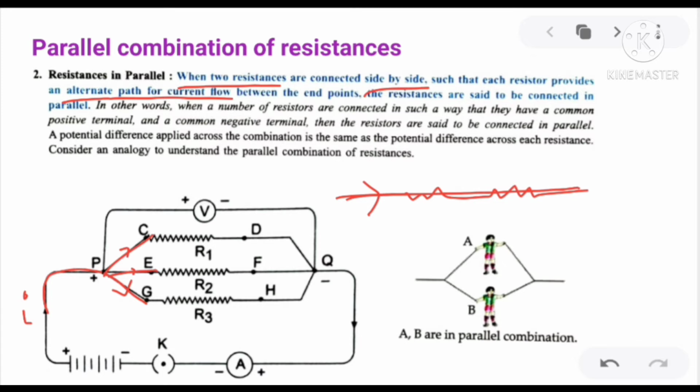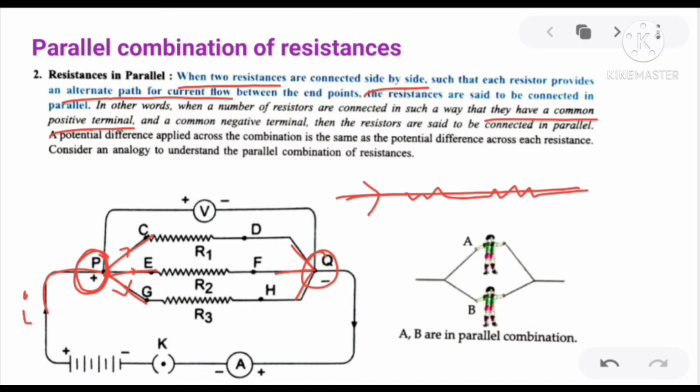In other words, when a number of resistances are connected in such a way that they have a common positive terminal, observe here, these three resistances have a common positive terminal, and a common negative terminal for all three resistances, then the resistors are said to be connected in parallel.